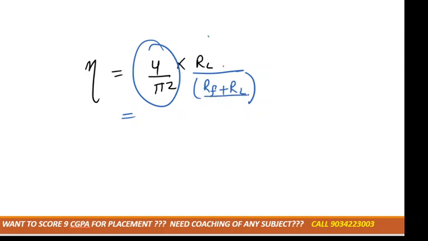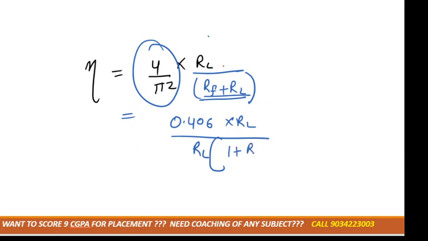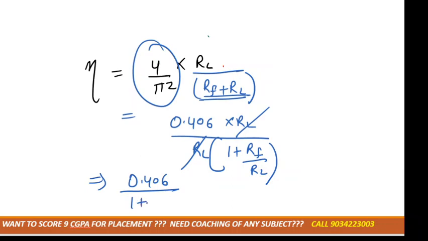RL we can take common from this denominator. We'll get 0.406 into RL. Again, taking RL common from the denominator, what would be left? 1 plus RF by RL. Correct? So this RL would be cancelled out. The left term is 0.406 divided by 1 plus RF by RL.